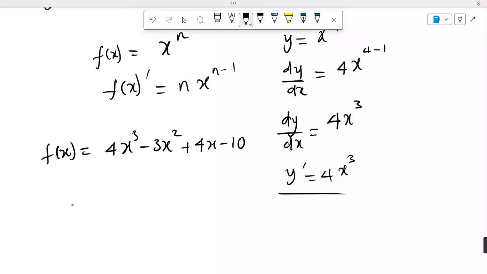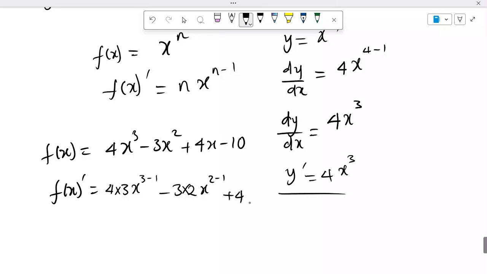We want to differentiate this function. So f of x prime equals: you drop the power 3, so it will be 4 times 3, then x to the power 3 minus 1, minus 3 multiplied by 2, then x to the power 2 minus 1, plus 4.